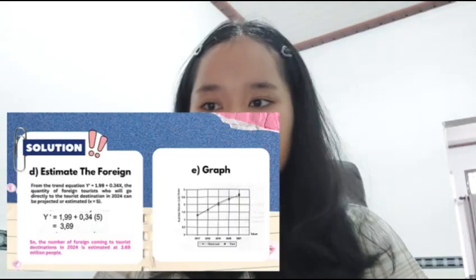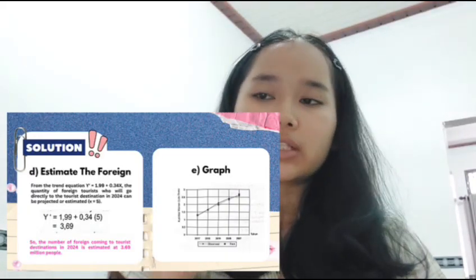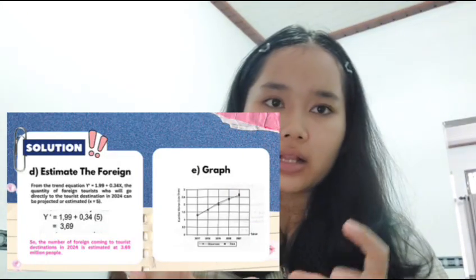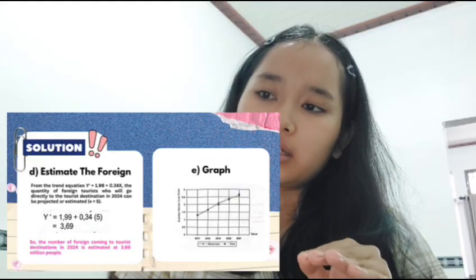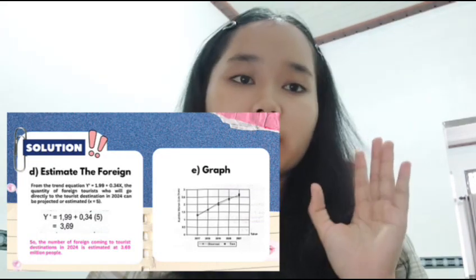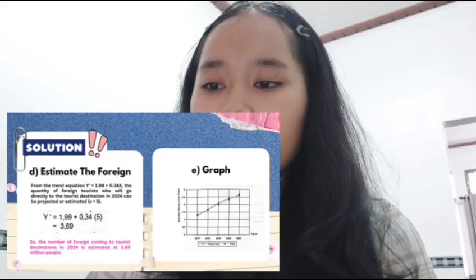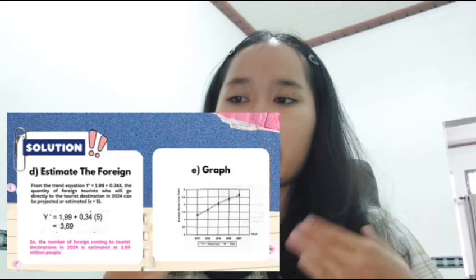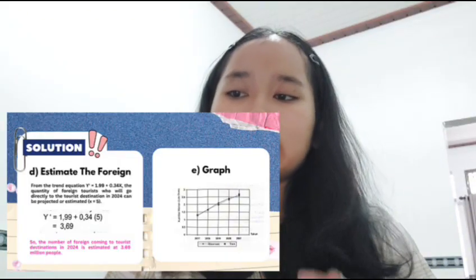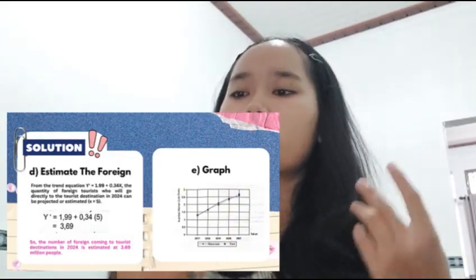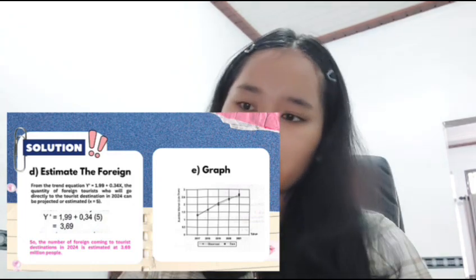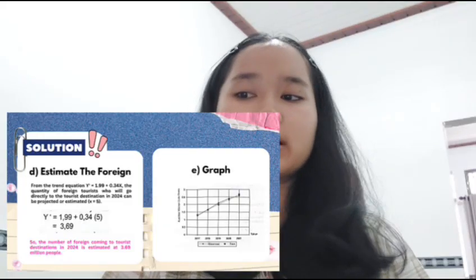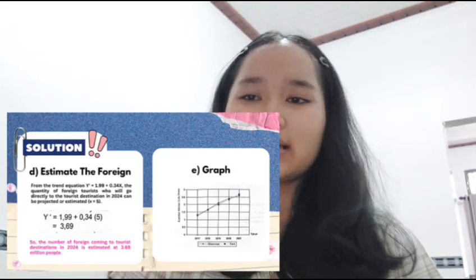So we put 2024 in the table, and the x will be 5, and we already know the y is 3.69. So the number of virgin tourists coming to the tourist destination in 2024 is estimated at 3.69 million people.